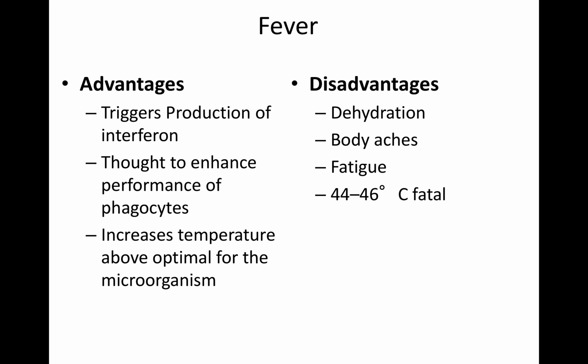So if you remember from some of our lab activities in Chapter 5, bacteria have optimal growth ranges. Once you go above that optimal range, the activity of that bacteria quickly declines. The disadvantage of fever would be dehydration, body aches, fatigue, and then if your body temperature reaches 44 to 46 degrees, that can be fatal.